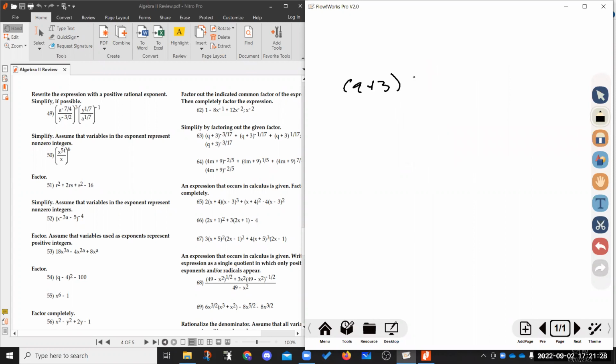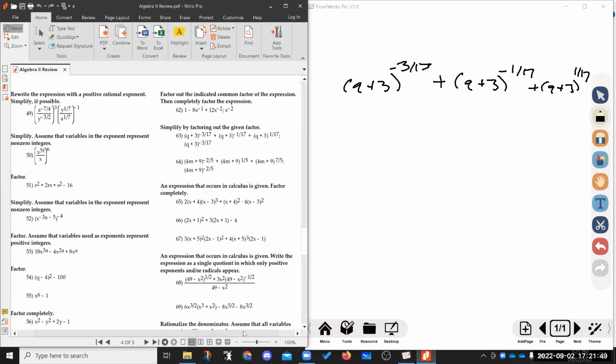(q+3)^(-3/17) plus (q+3)^(-1/17) plus (q+3)^(1/17). And they want us to factor out (q+3) to the negative 3 over 17, which is the smallest of the powers here.